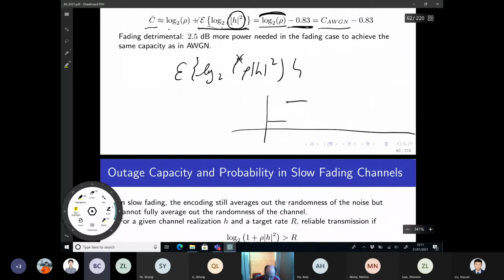I have again those realizations of my channel, but now this length here is quite long compared to my encoding block. So if I don't know the channel at the transmitter, I cannot adapt my rate, and at the same time I cannot encode over many realizations of the channel, so I cannot achieve this ergodic capacity.